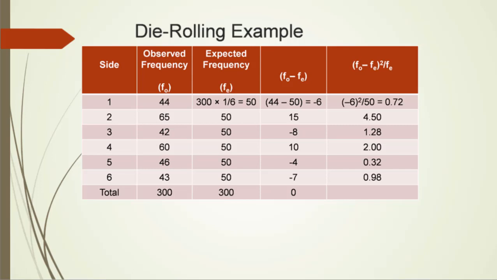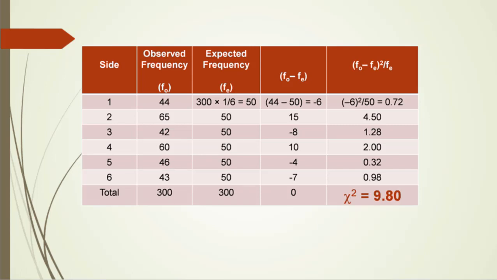We would also need to scale the squared differences by the expected frequencies, that are FEs. With a little bit of calculations, we arrive at the last column of the table. That is, FO minus FE, take that square and divide it by FE. Summing up the last column, we will get a test statistic for this test, that is 9.8. This test statistic is a chi-square statistic, because this test is a chi-square test.